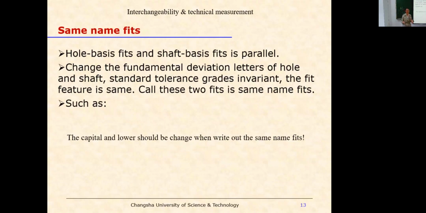We call these the same-name fits, such as H8/f7 and F8/h7. For the hole we choose IT8, H, and the shaft IT7, F. F8 over h7 and H8 over f7 are the same fits. The capital and lowercase letters should be swapped when writing out the same-name fit.